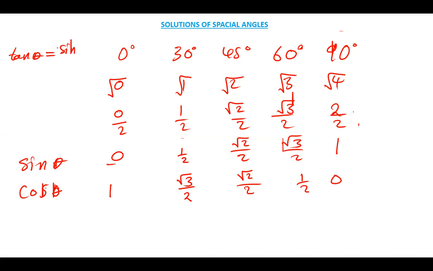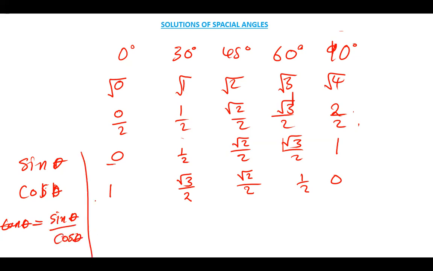Let me write it down so that you understand. So we have tan theta here. Tan theta is equal to sine theta over cos theta.